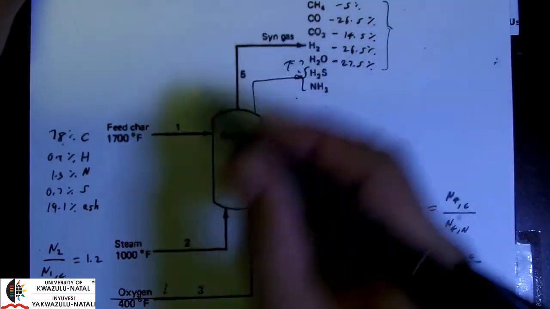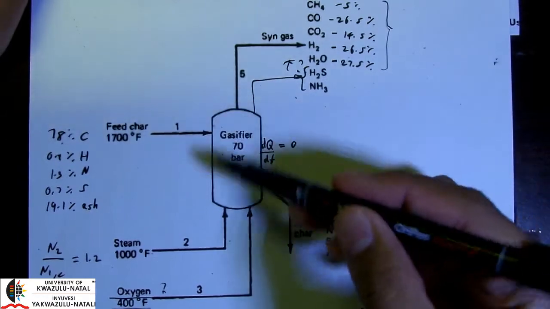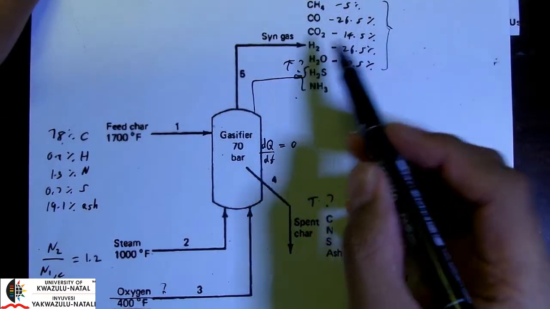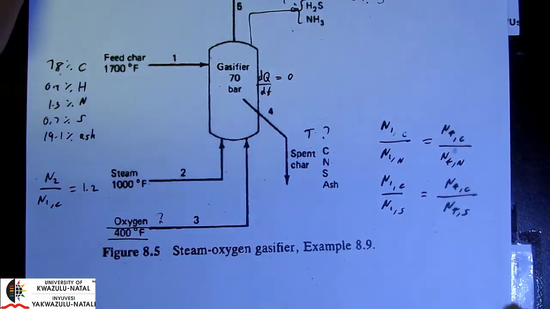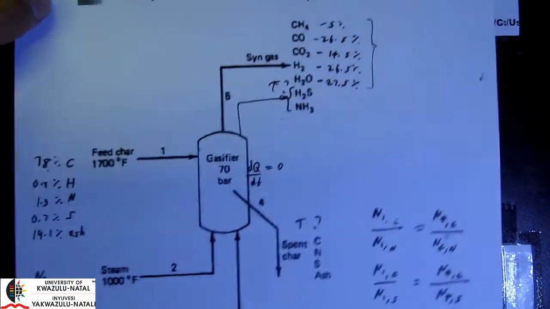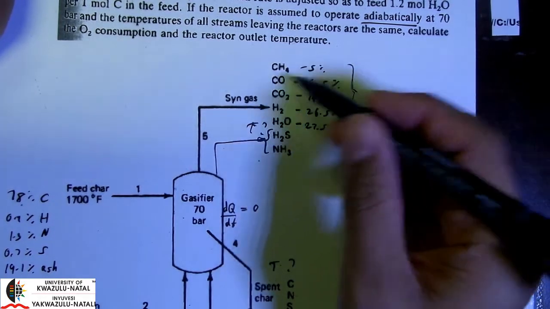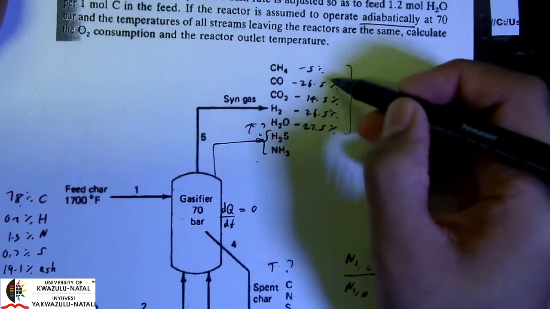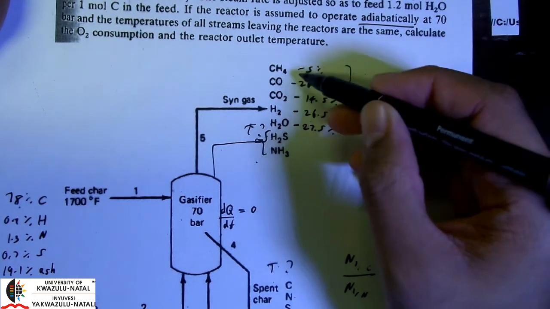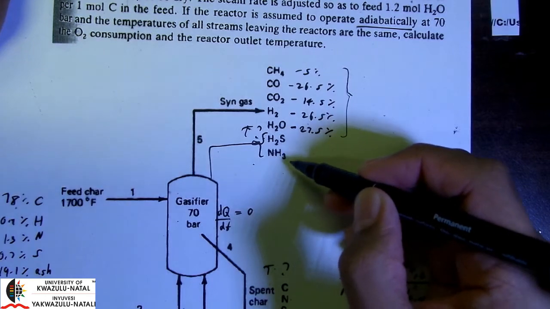Okay, so let's evaluate this problem. We don't know the gasification reactions, so in order to find our oxygen input, we will need to conduct element balancing. Another thing that is a bit of an issue is that we are given the composition of the syngas on an H2S and NH3 free basis.